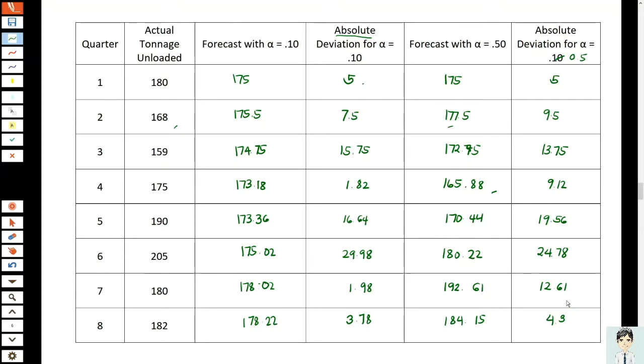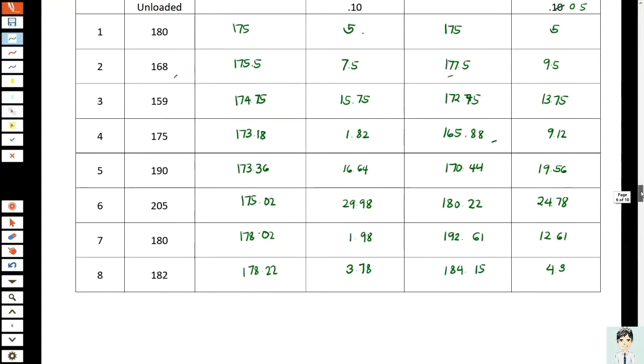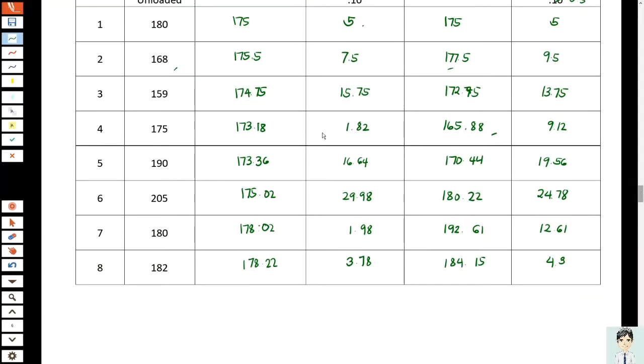Diba? So sabi natin, ang mean absolute deviation is equals to the absolute value, diba, ng forecast error divided by the number of periods. So ito yung forecast error natin, absolute value, anong summation niya?